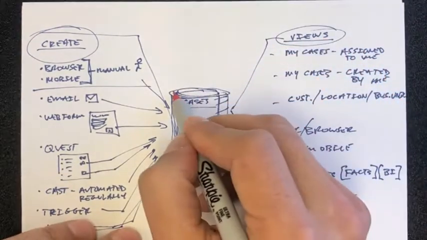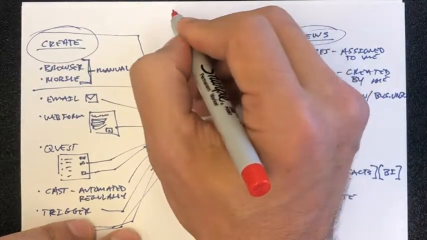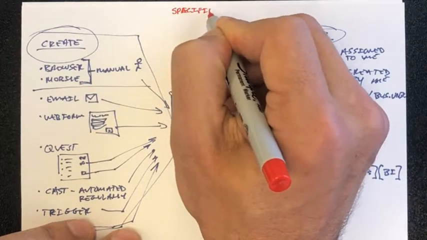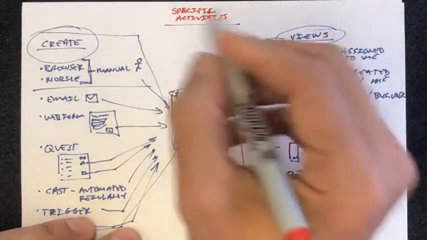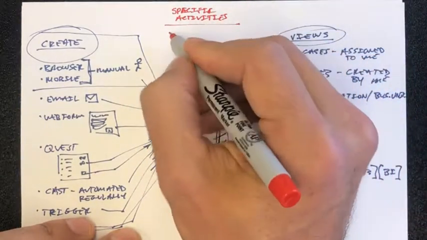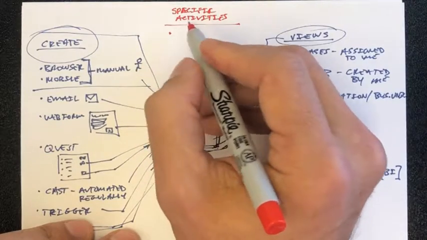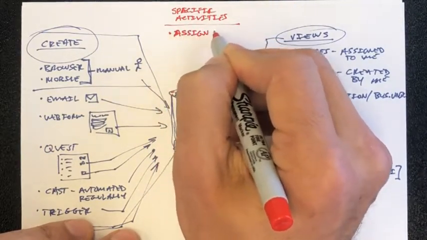And because we have them all in one place, we can do things in a very consistent way. So we think of a list of specific activities that we might want to do on any individual case. And typically, when you're looking at an individual case, there's a list of buttons across the top. You see a lot of these things here. We might want to assign it to somebody.